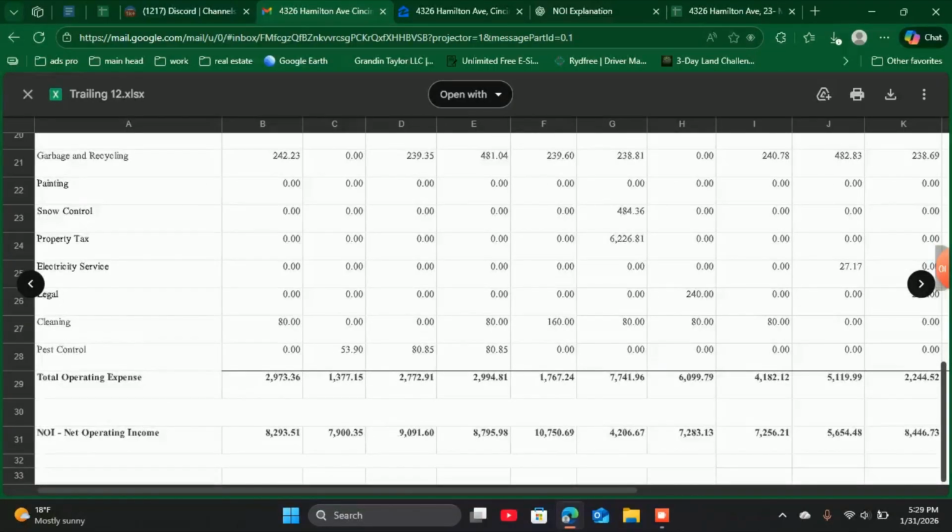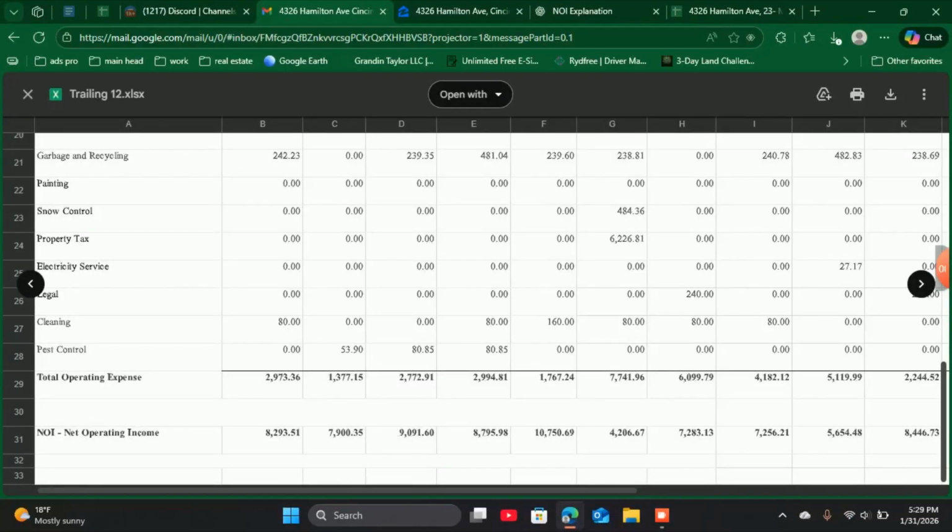So you can see property taxes, electrical, legal services, cleaning, pest control, and then the NOI.